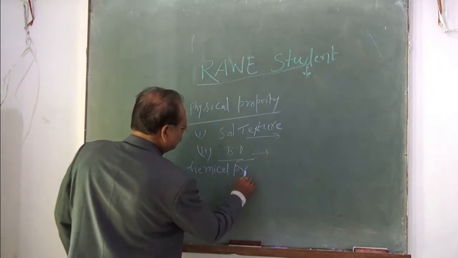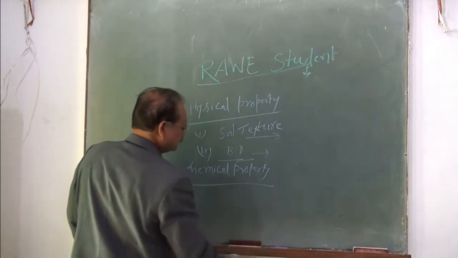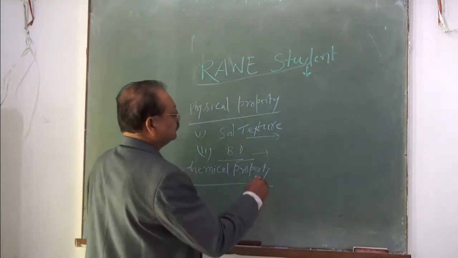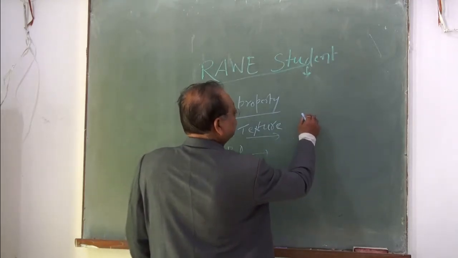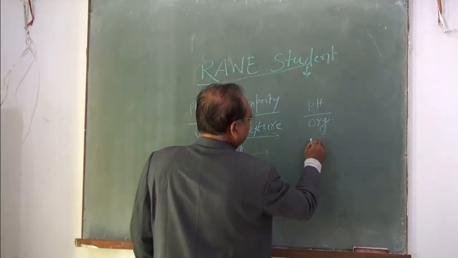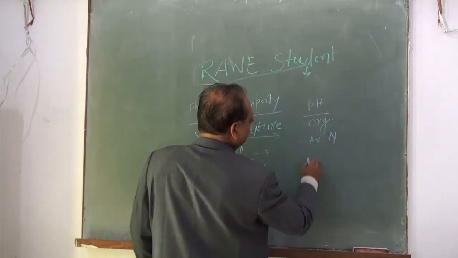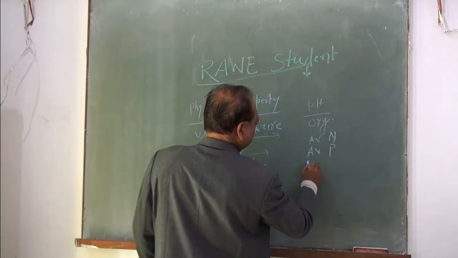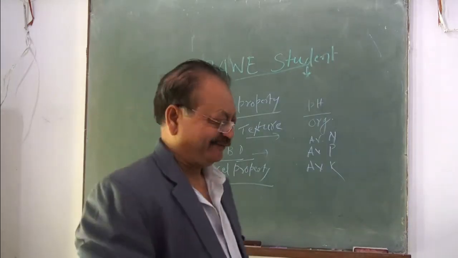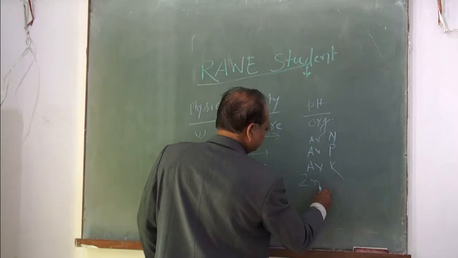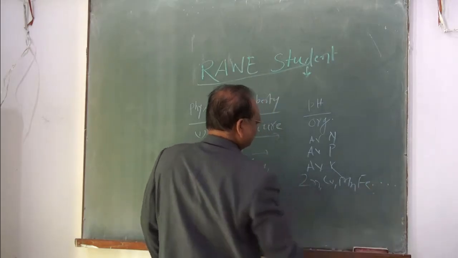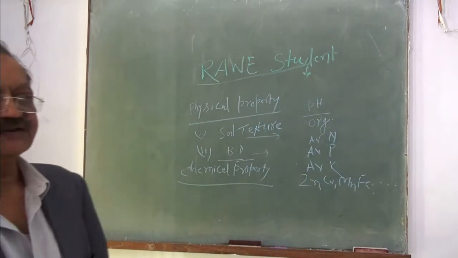In this part, I will discuss pH, organic carbon, available nitrogen, available phosphorus, available potash, and some other essential micronutrients, for example zinc, copper, manganese, iron, and so on.